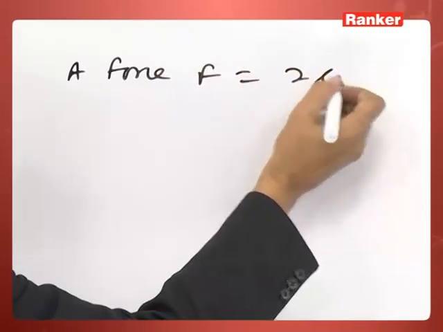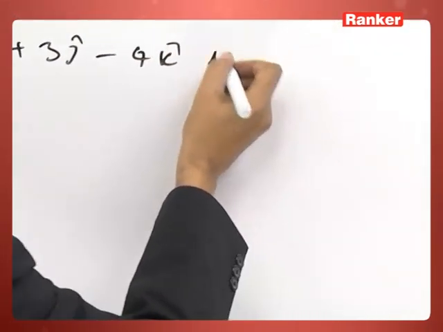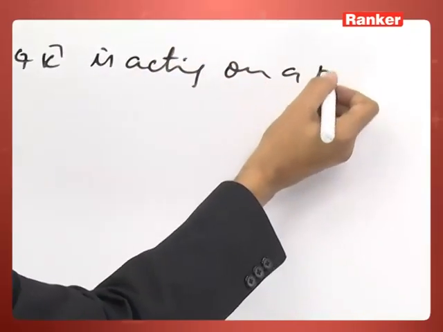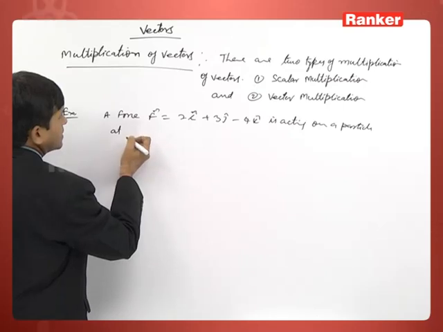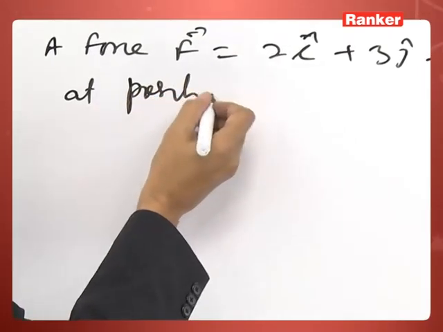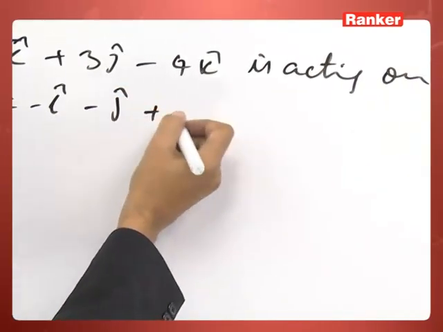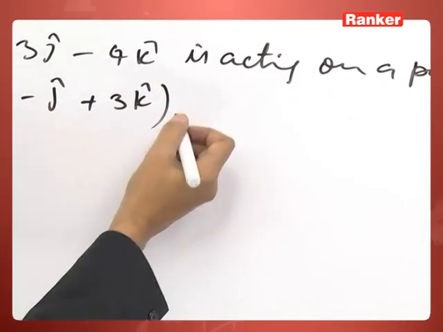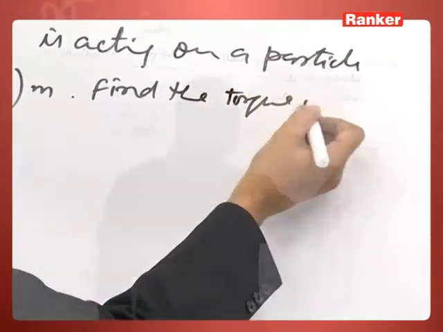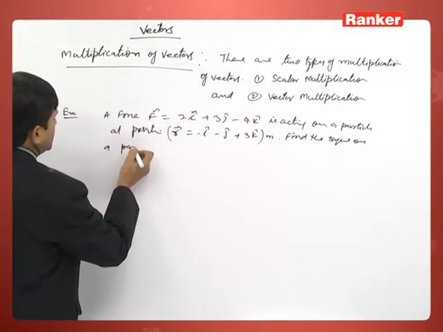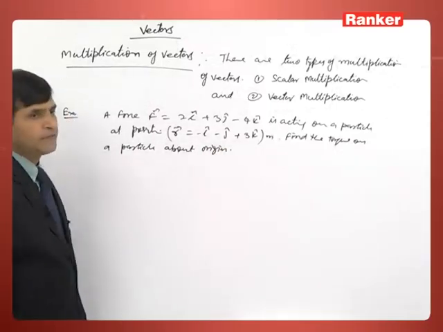If force F is equal to 2i plus 3j minus 4k is acting on a particle at position minus i cap minus j cap plus 3k cap meter, find the torque on the particle about the origin. So this we have to find.